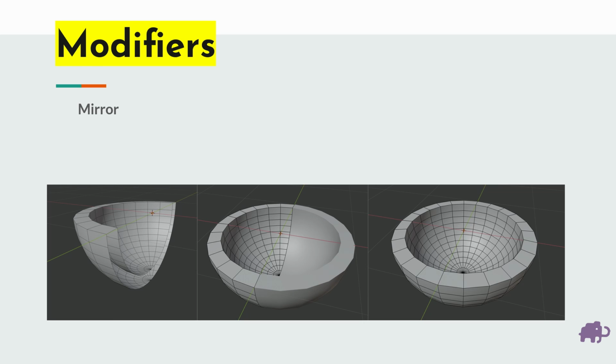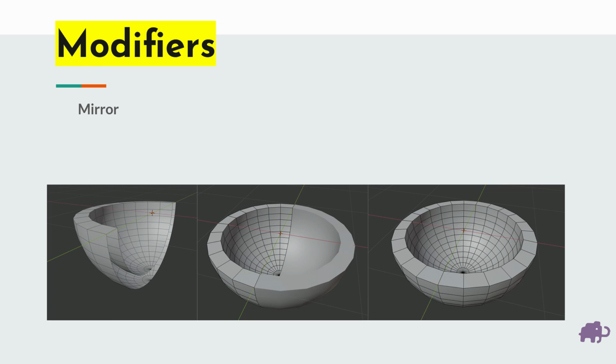Mirror is basically, if we chop something in half, like on the left, it'll apply the other half to it based off of which direction you tell it to go, and then, as you guessed, you can confirm it, and then it'll basically attach the other half. What's the big advantage to modeling this way? Less time, and you only have to imagine half of the entire object. Yeah, the big emphasis on the less time component.